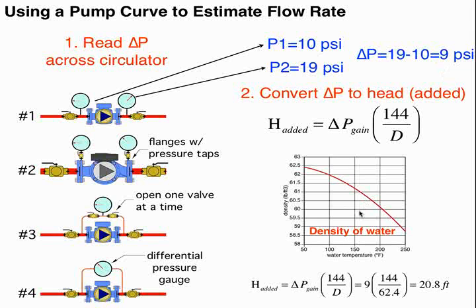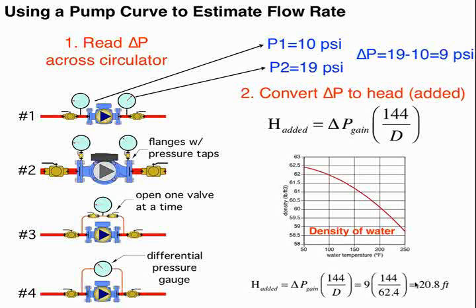And I gave you a graph here for water. So we look up what the water temperature is on average, and let's say it was 150. We'd read up to the curve, read over here to get our density, and plug that into the formula. Looks like in this case, I assume cold water density about 62.4. And that converts that 9 psi into just under 21 feet of head.